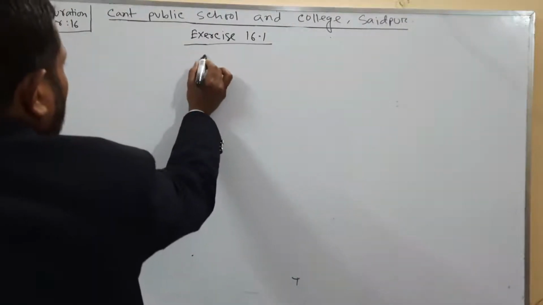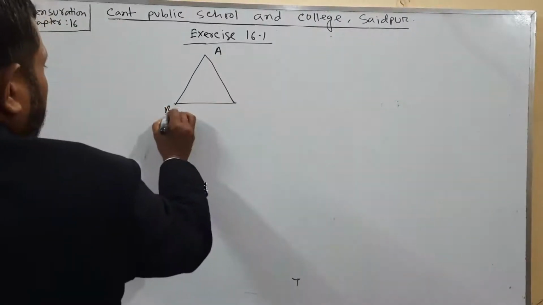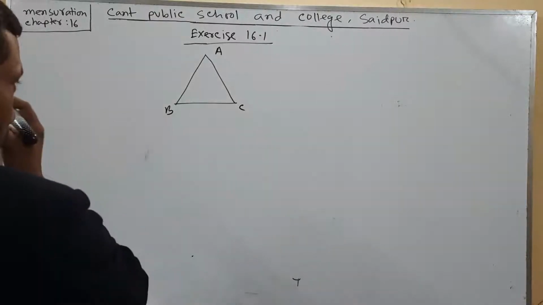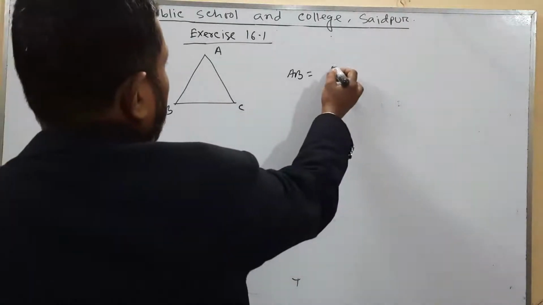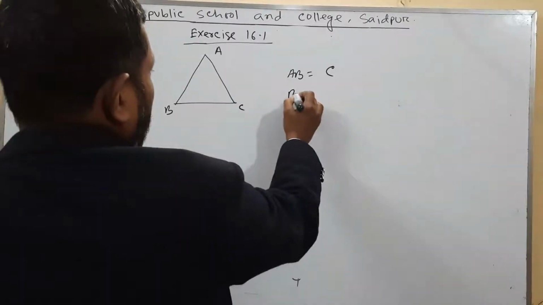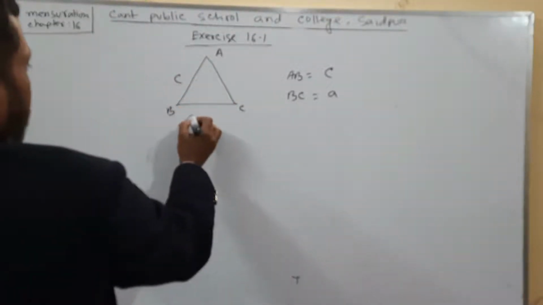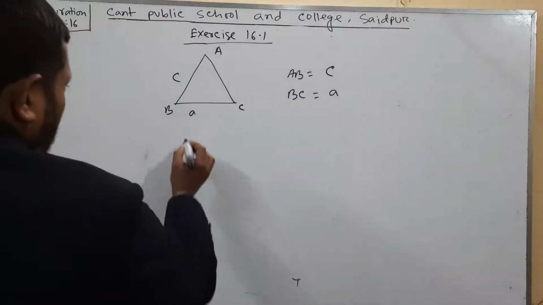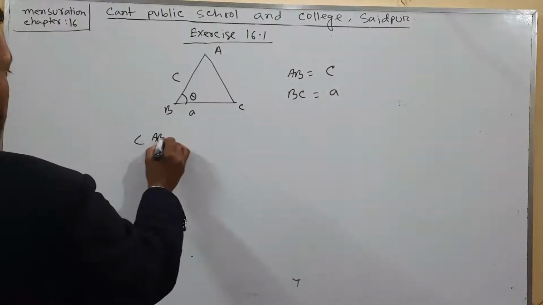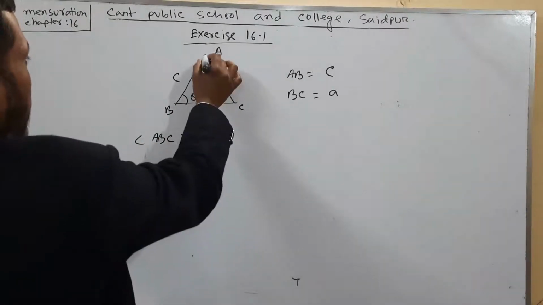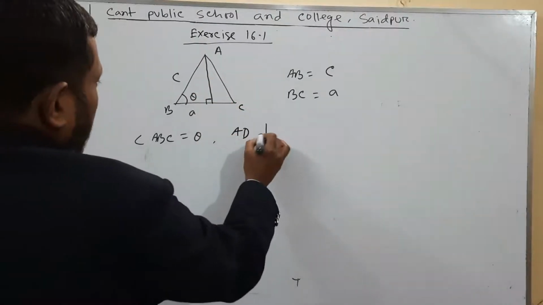Suppose triangle ABC. The length of AB is equal to c, and the length of BC is equal to a. Here c and a, the including angle ABC is theta.